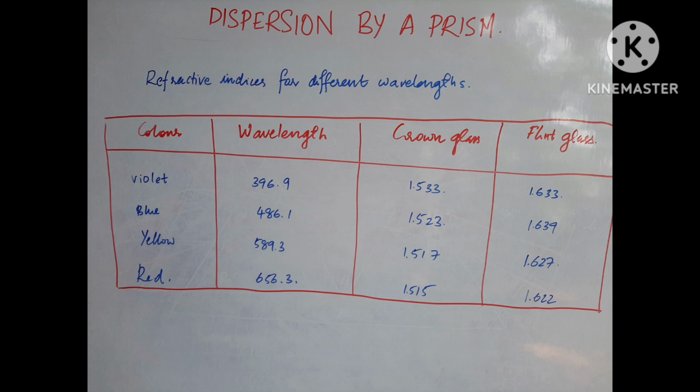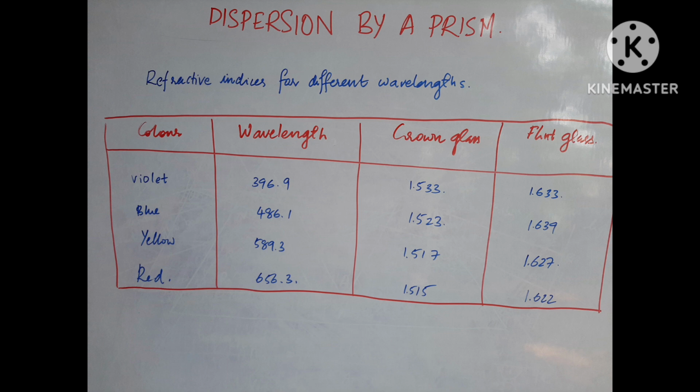So the red component of white light is least dispersive, the bending is very little, and for violet the bending is most, because red light travels faster in a glass medium, and violet light travels slower comparatively.